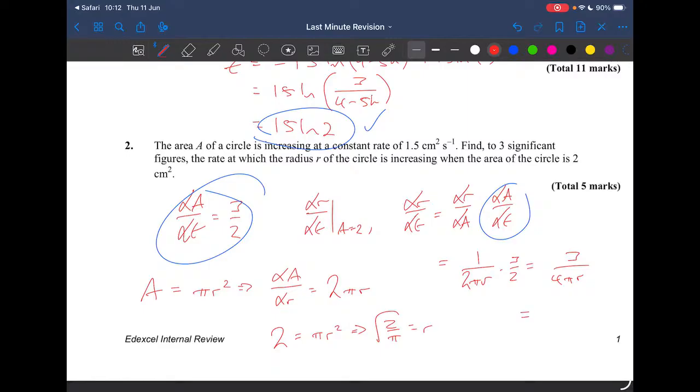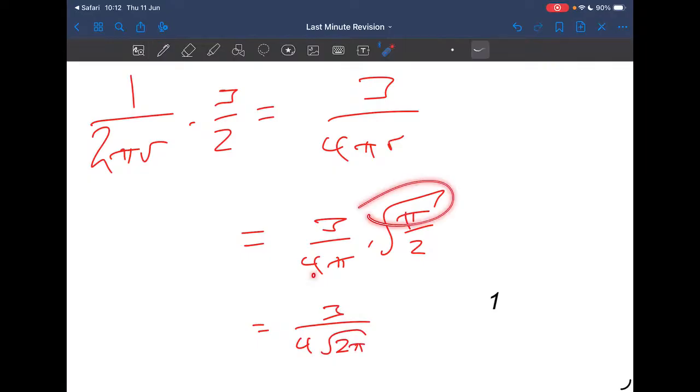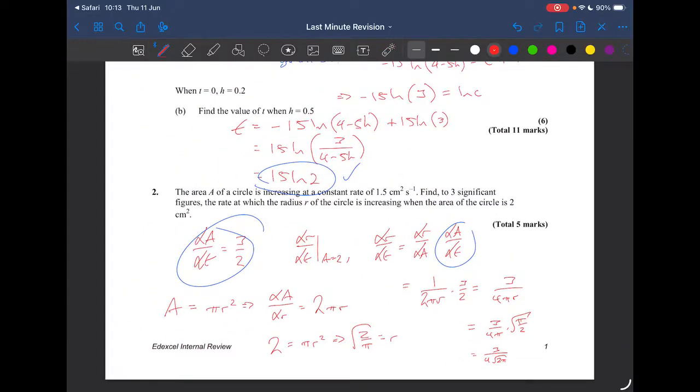If we flip it, it's 1 over r in it. So it's going to be 3 over 4 pi times by pi over 2 square rooted. There's probably ways you can rewrite that a bit neater. Like you've got a root pi and a root pi. So I think this is the same as 3 over 4 lots of 2 pi square rooted. So you've got pi to the half and a pi on the bottom, so altogether pi to the minus a half. That looks good. That all looks fine by me.